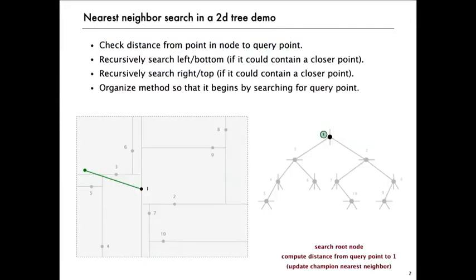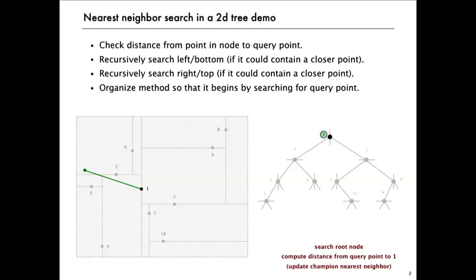So again, we start at the root, and what do we want to do? Well, whenever we're at a node, it represents a point, so we're going to check that point, and we'll compute the distance from that point to our query point. And if that distance is less than the best found so far, then we'll keep that as the champion.